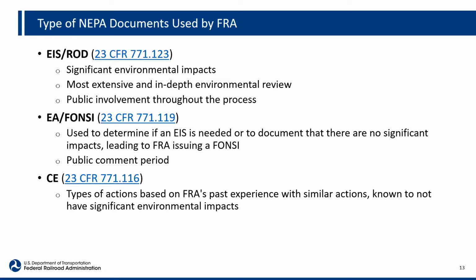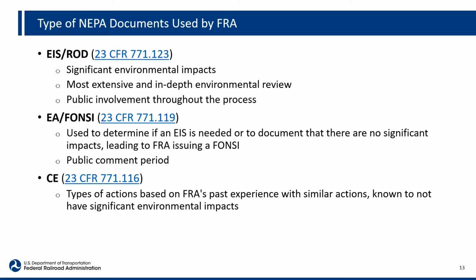These are described at 23 CFR 771.119. And this is when the agency is uncertain whether the project will have significant environmental impacts. And so there needs to be further study to determine whether they can issue a FONSI, which is a statement that there are no significant impacts, or it would require then the further preparation of an environmental impact statement.